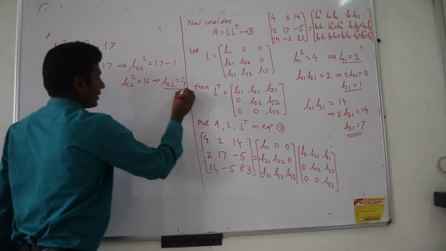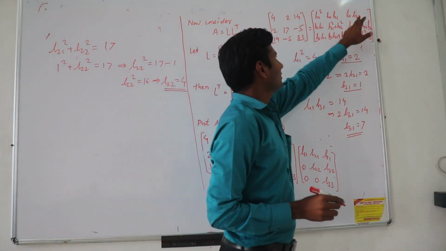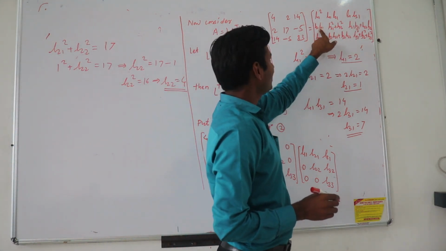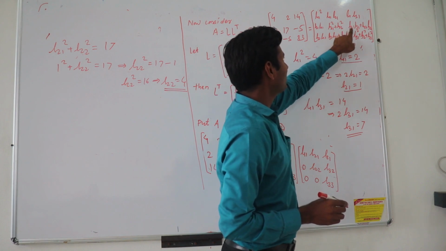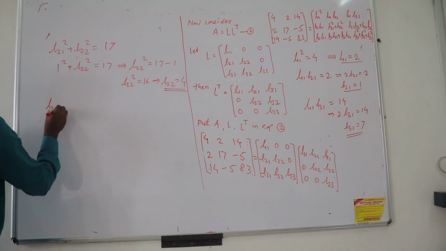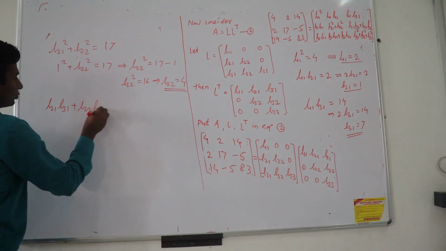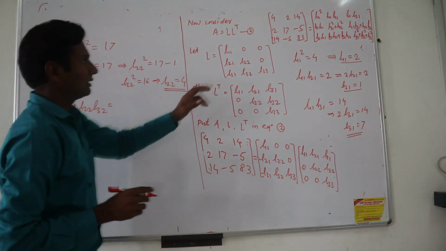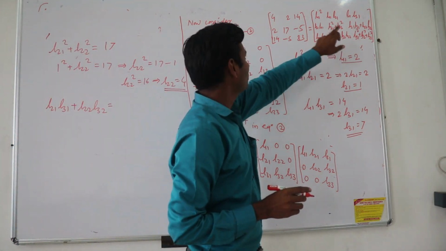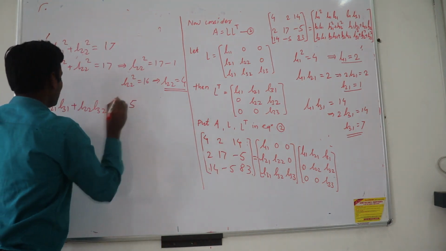Now we get the fourth value here. Now that the first 3 elements are completed, this becomes a repeated one. Now this fifth one is completed. Now the next one. L21, L31 plus L22, L32 becomes the last element in the second row, which is minus 5. So put all the values in that.